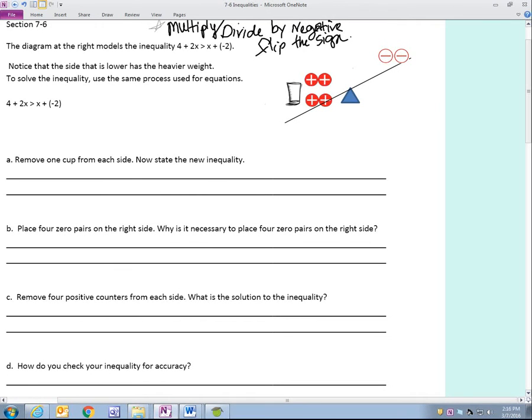Now state the new inequality. So I want you to write down what that inequality shows now. It used to be 4 plus 2x is greater than x plus negative 2, but now it shows something different. I'm going to give everybody a chance to write that down.